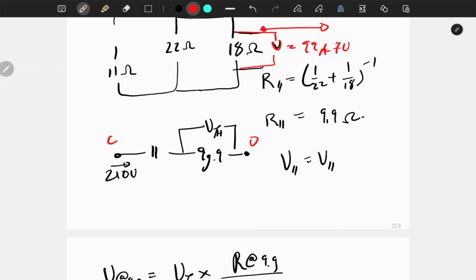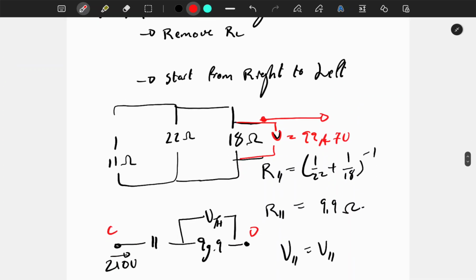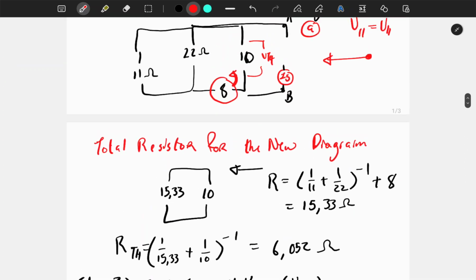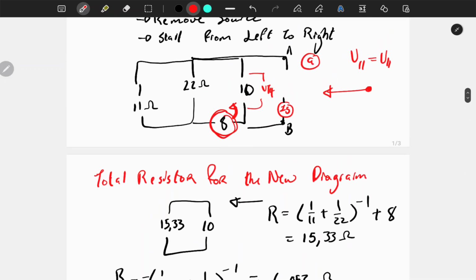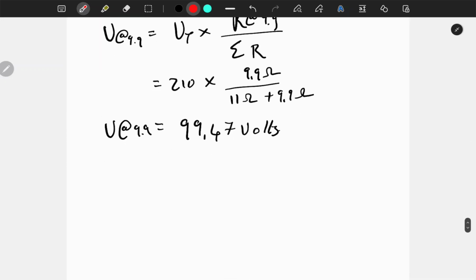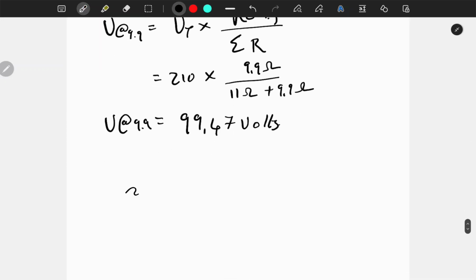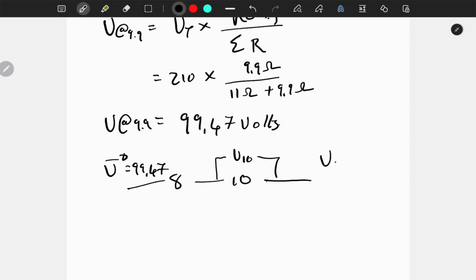So because there's an 8 that needs to be accounted for, we're going to find the current at that position. So we have 8 and 10, right? And we have a voltage of 99.47. So what we want to do is find the voltage at 10. So the voltage at 10 would equal the voltage in parallel, which would equal the Thevenin voltage.